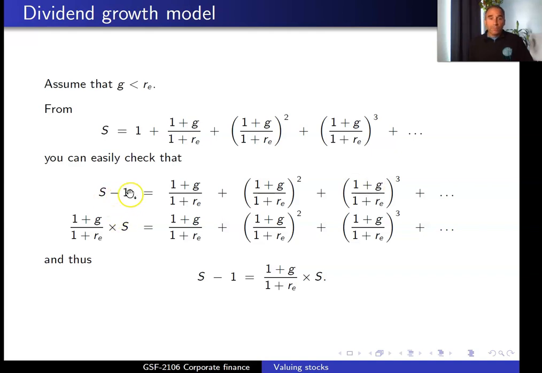So S minus 1 is equal to this summation here, and 1 plus g over 1 plus RE times S gives you the same solution. So S minus 1 here is equal to 1 plus g over 1 plus RE times S.